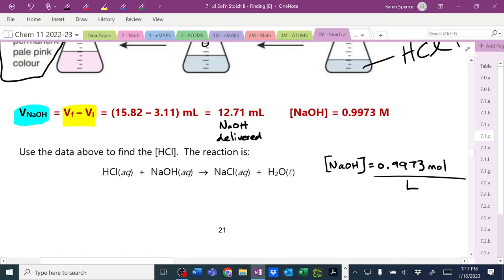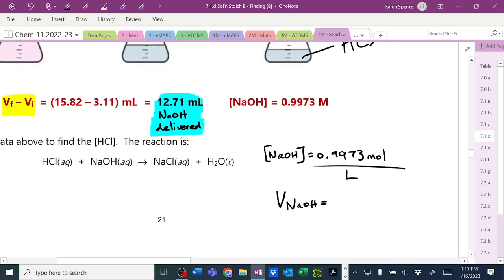I know the volume of the NaOH. So I also know that the volume of the NaOH is 12.71 milliliters. How many liters is that? Is it 0.12 or is it 0.012? 0.012, and then of course we have the 7.1. Can't forget about that. But that's what we know about the NaOH.